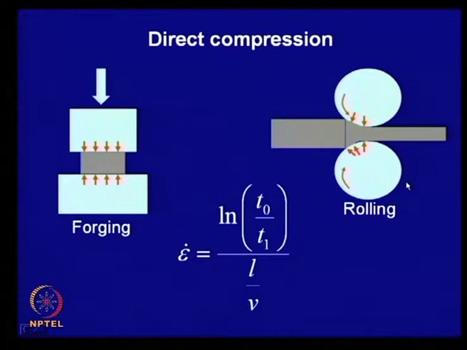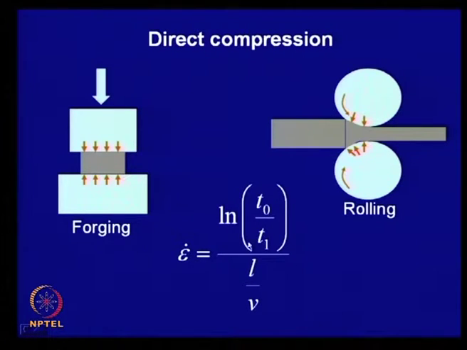Now, in the case of rolling also, this is the region over which the deformation is taking place. This is the region where plastic deformation takes place, and after this is the final product. This is your initial thickness T naught, this is your final thickness T, and the true strain, as we know, is given by ln of initial thickness over final thickness.